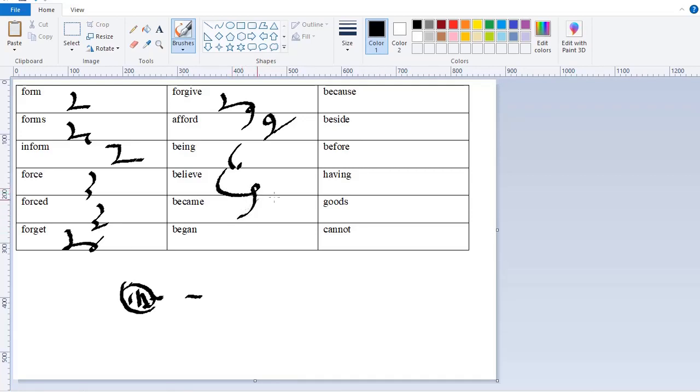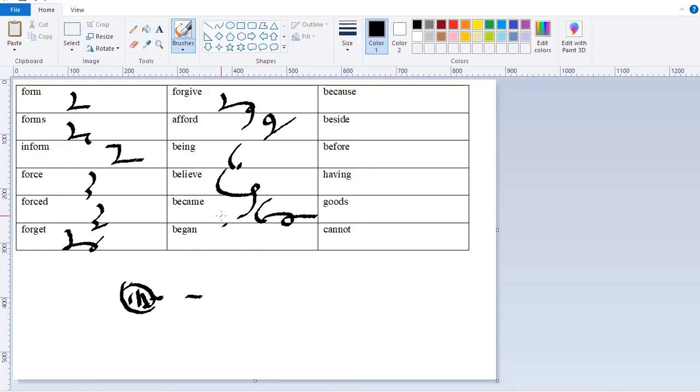Okay? Next, we have became. Became. We have B, and then we have K, and then we have A, and then we have M. Became. Why is that going upward? Wait. We have B, we have K, we have A, then we have M. Became. Okay? Next, we have begun.